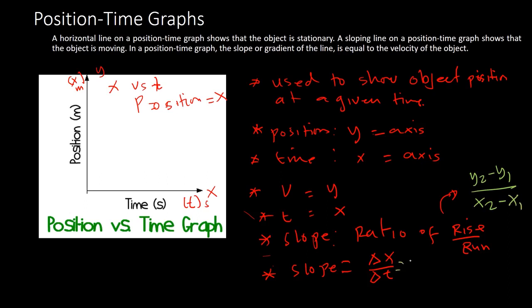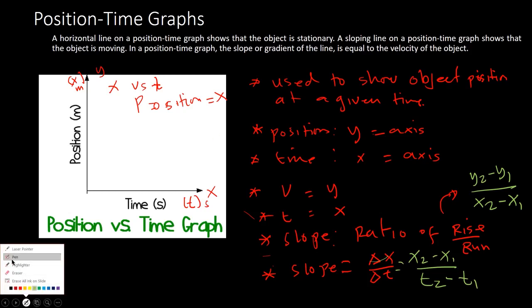This is also given by, since we all know that the change in displacement is equal to x sub 2 minus x sub 1, and t sub 2 minus t sub 1. So this is how we interpret and how we describe or illustrate our graph in terms of position versus time. So let's move on to this one.